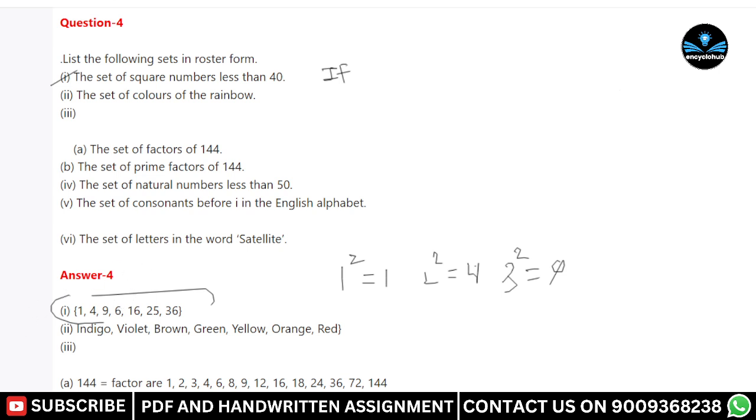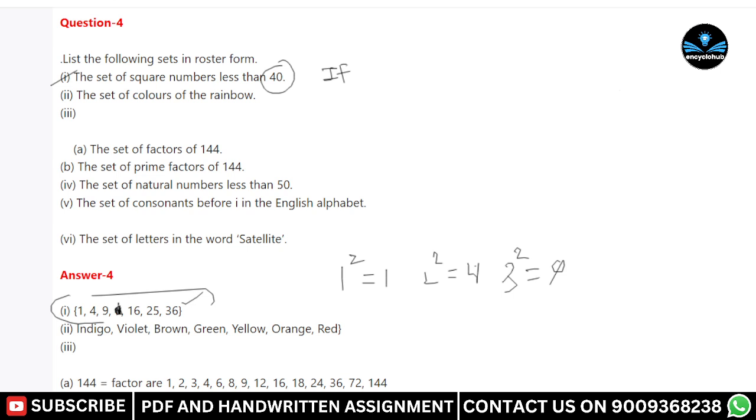Actually this is the wrong one, this is not a correct one. The correct set is 1, 4, 9, 16, 25 and 36, and we will not go for the 7 square because this is greater than 40, because we need less than 40, so we will go up to 6 square.